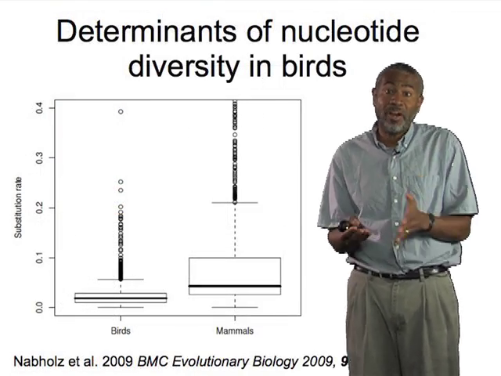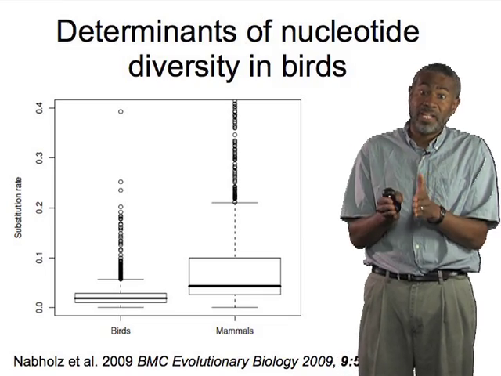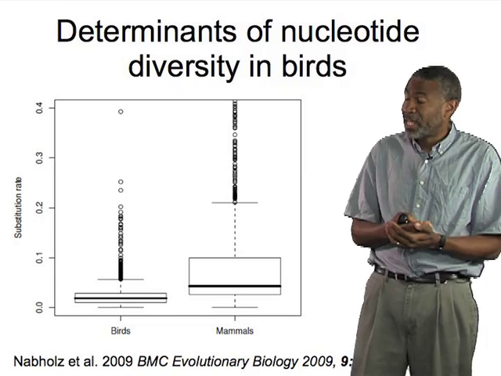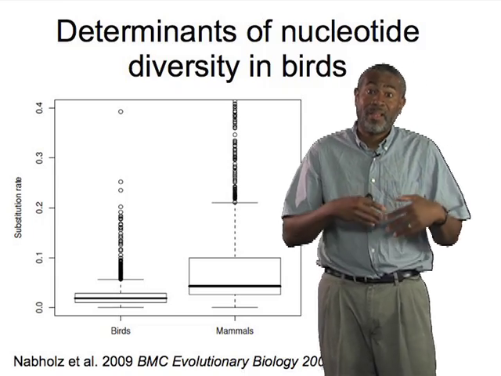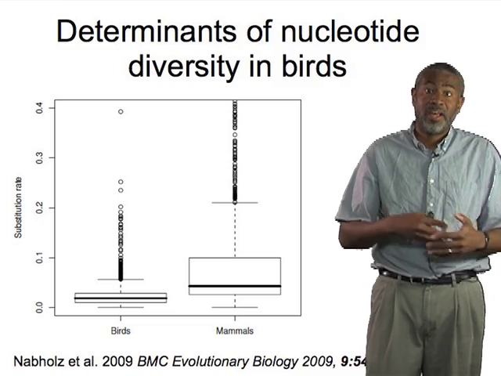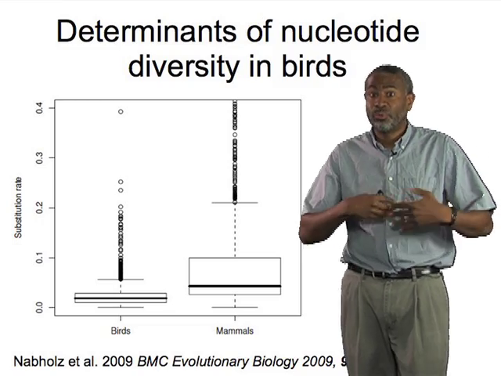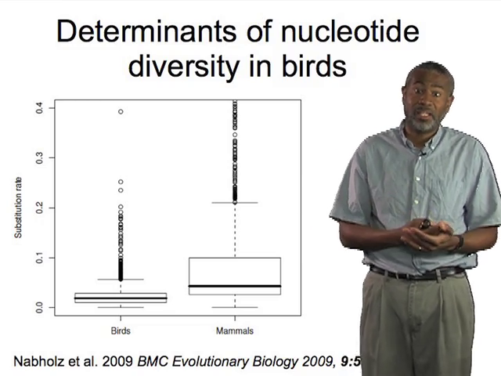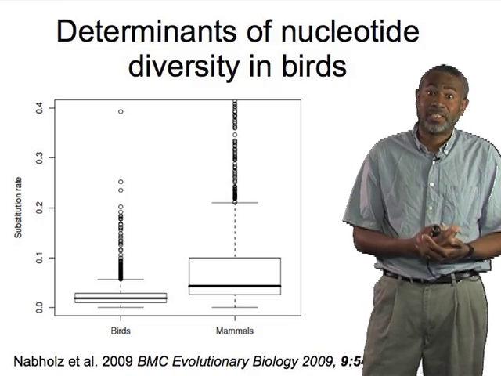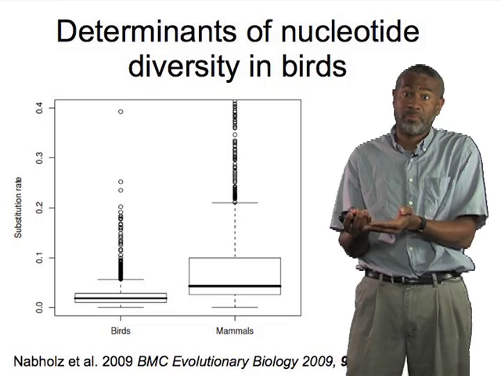Here's an example comparing the nucleotide diversity in many different mammalian groups to those of birds. And what you can see again is that the birds generally have lower genetic diversity within their species than do mammals. This is really, really interesting. It could mean that bird populations and their effective population sizes are lower than those in mammals.